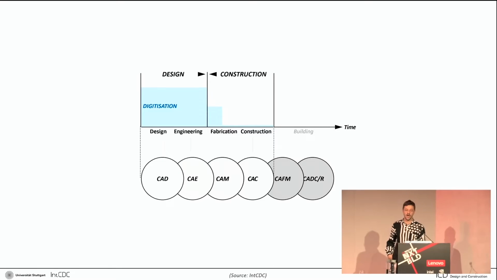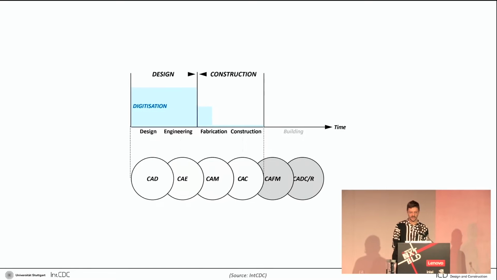And one of the major obstacles we postulate as a cluster is that in architecture, there's a separation between the design and engineering of a building from its fabrication and construction. And this has led to efforts of digitalization to be conducted on a discipline basis. As such, recent approaches to integration are focused on linear transformation of progressively more detailed models from one phase of a building to the next.